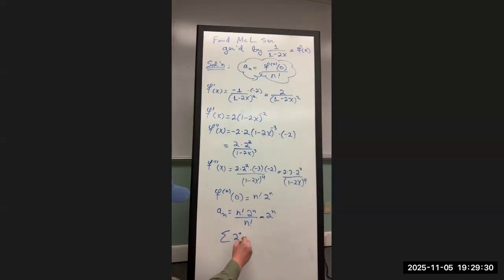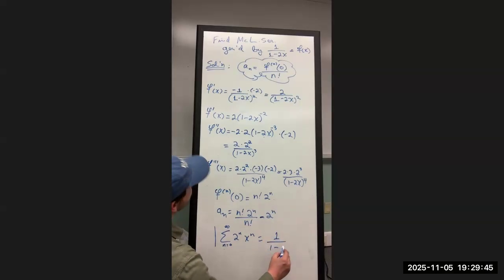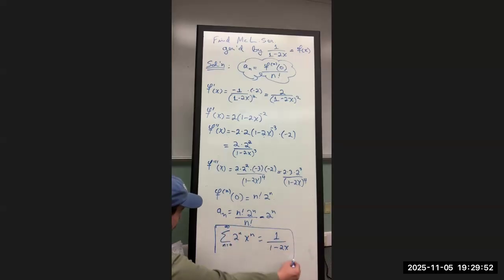It's the sum of 2 to the n times x to the n, going from 0 to infinity. And so we know that this is equivalent to 1 over 1 minus 2x. Should be right.